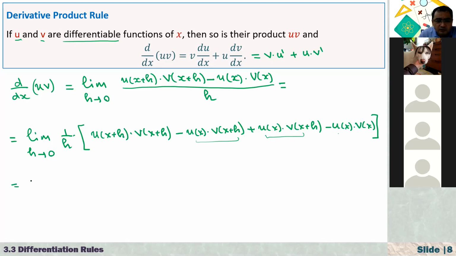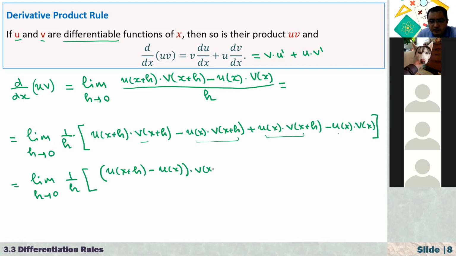So the derivative of u times v equals the limit as h approaches 0 of 1 over h times, here v of x plus h is a common factor, so I can write u of x plus h minus u of x, times v of x plus h.